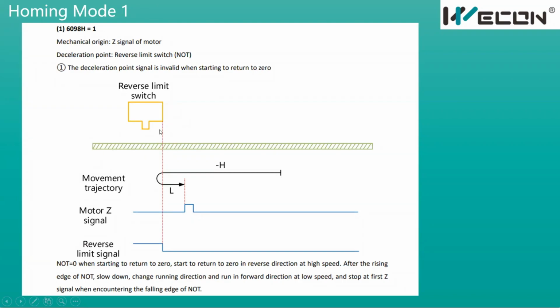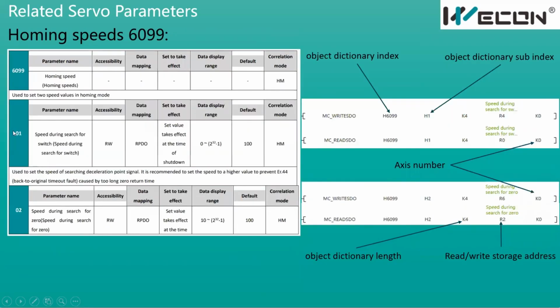So let's look at this homing mode 1 first. For this mode, it means when the NOT status is 0, after we run the home function block, the servo motor will rotate in reverse at H speed. H speed means high speed, this one, 609901.